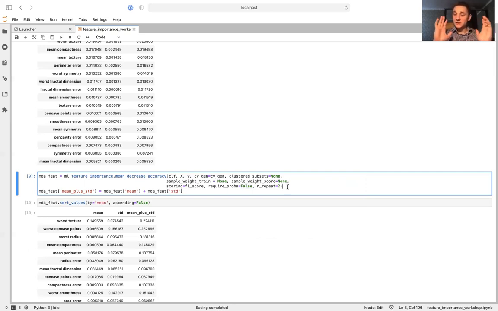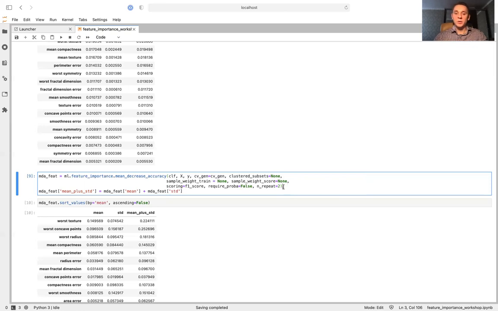And the final parameter is number of repeats. As we have discussed in our lecture, there is a wonderful paper by Ernie Chan in the Journal of Financial Data Science, which says that it is a good practice to generate MDA feature importance with various random states and to average those results, which yields much more stable feature importance values.